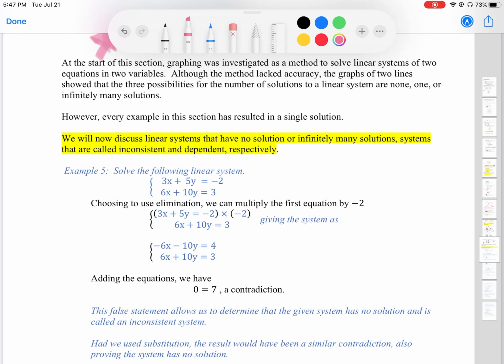However, every example in this section has resulted in a single solution. We will now discuss linear systems that have no solution or infinitely many solutions. Systems are called inconsistent and dependent, respectively.